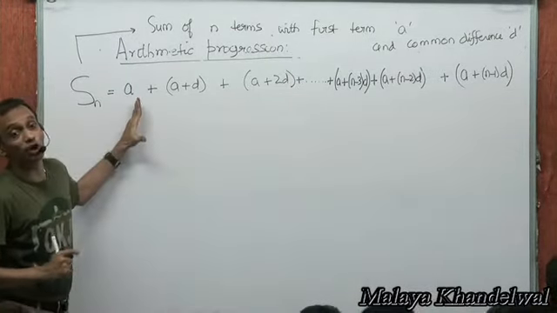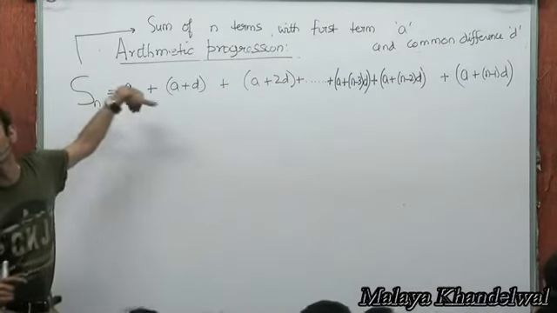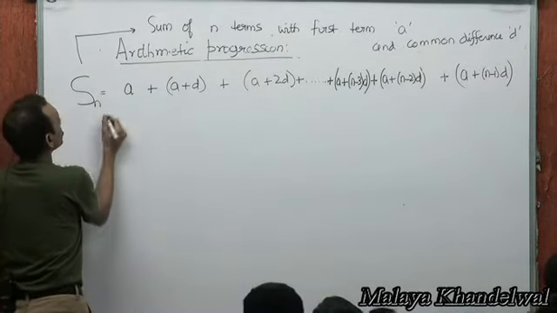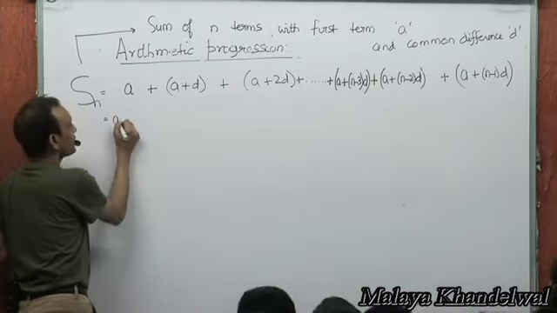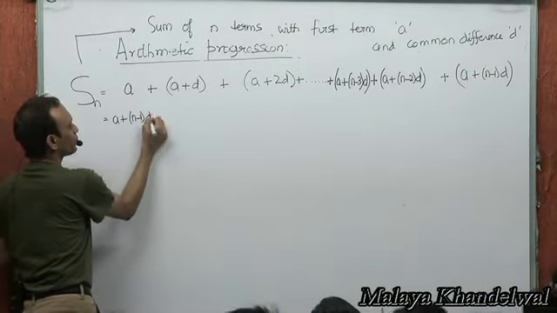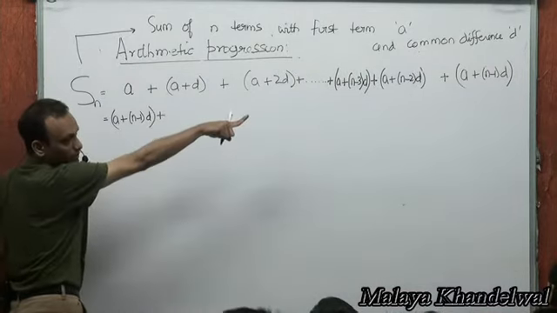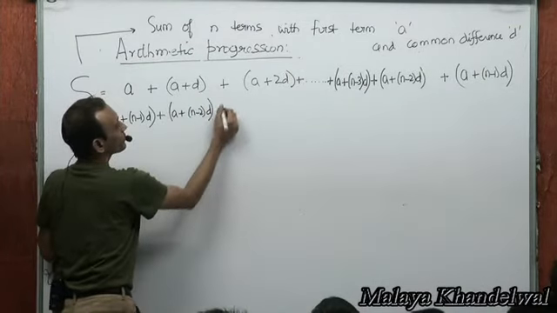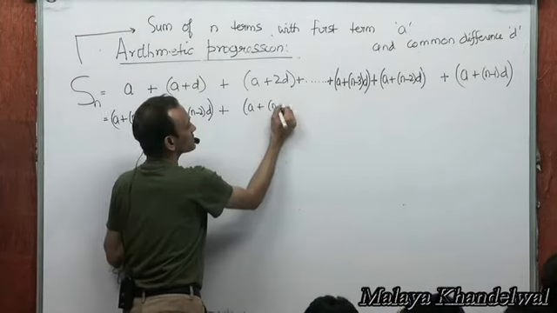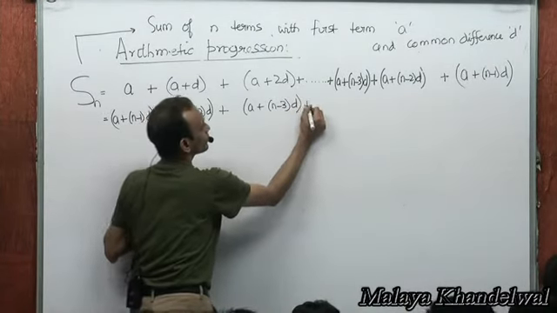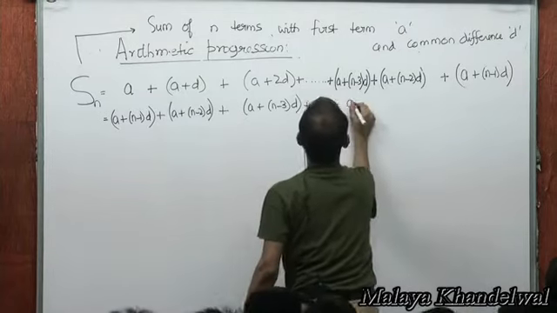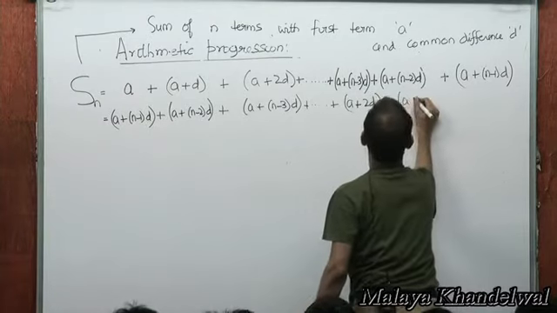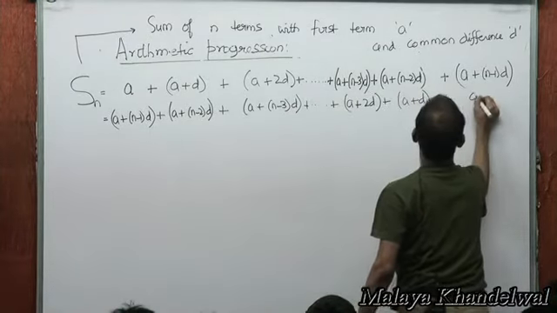Now the sum will not get altered if I write the set of numbers in the reverse order. The sum will remain the same, right? So this is like the last term first I write A plus n minus 1 into D. The term prior to that is A plus n minus 2 into D. Then A plus n minus 3 into D. Yes or no?